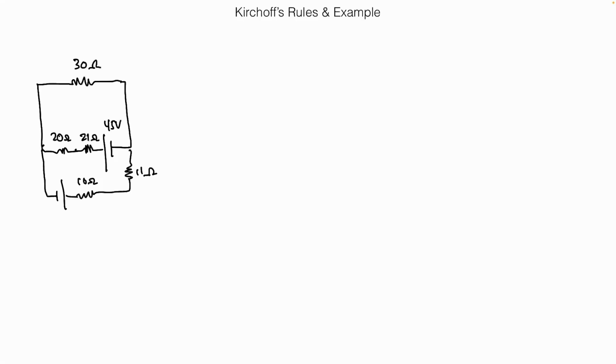The 20 and the 21? What's true about the 20 and the 21? How do you know? If I'm an ant walking between each of them, I can get from one to the other without going through a junction, right? So we could redraw this circuit with the 30 up here, and then this 45 volt battery, and then a single resistor.